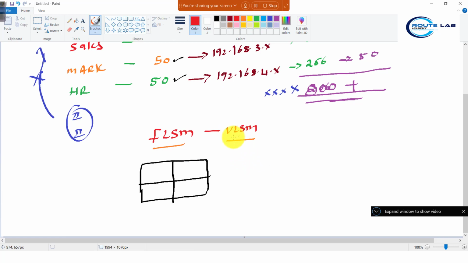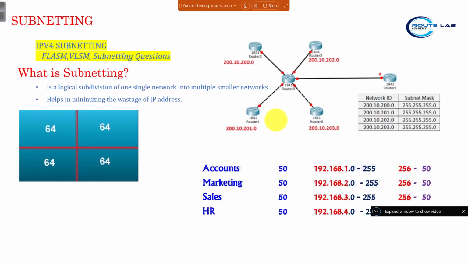VLSM is like your home, where the sizes might be equal or may not be equal. You may have one big hall, two equal size bedrooms, one small kitchen and one bathroom, etc. That is the concept of VLSM, variable length subnet mask.